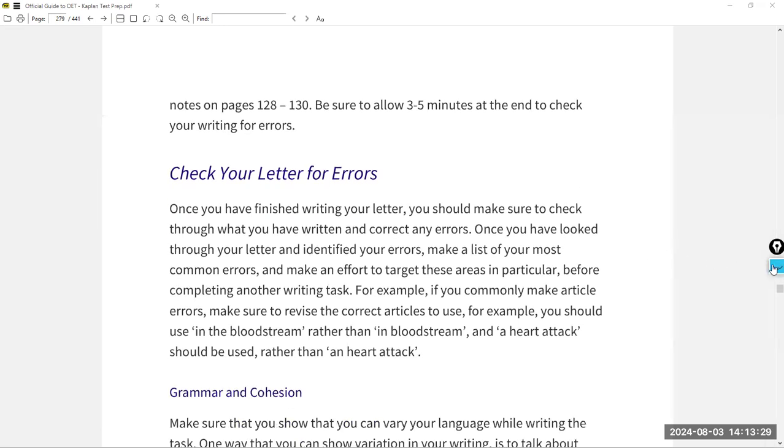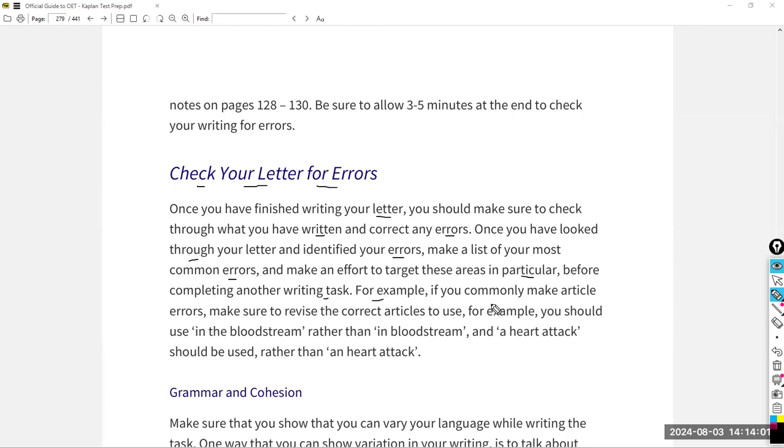So after finishing writing the letters, absolutely, I have to check my letter for errors. Once you have finished writing your letter, you should make sure to check through what you have written and correct any errors, if any. Once you have looked through your letter and identified the errors, make a list of your most common errors, please, and make an effort to target these areas in particular before completing another writing task.